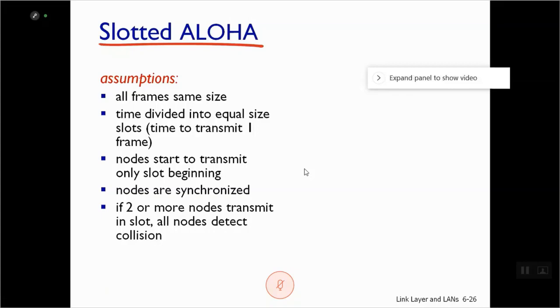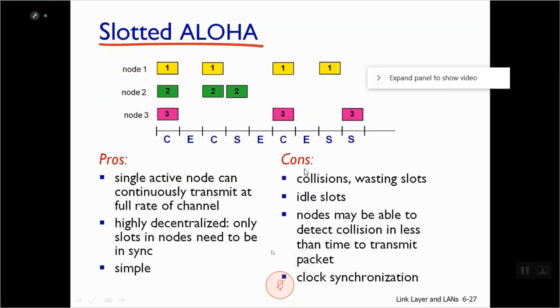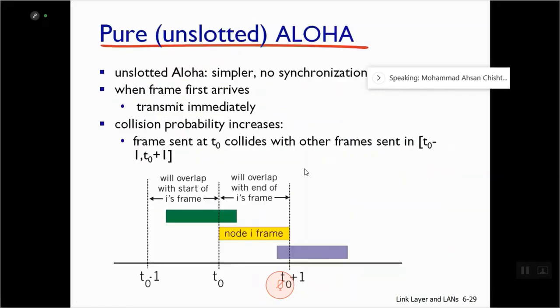Nodes start to transmit frames at the beginning of the slot. To understand slotted Aloha, first let me go to pure Aloha, because this is an earlier form, and then we got to slotted Aloha.